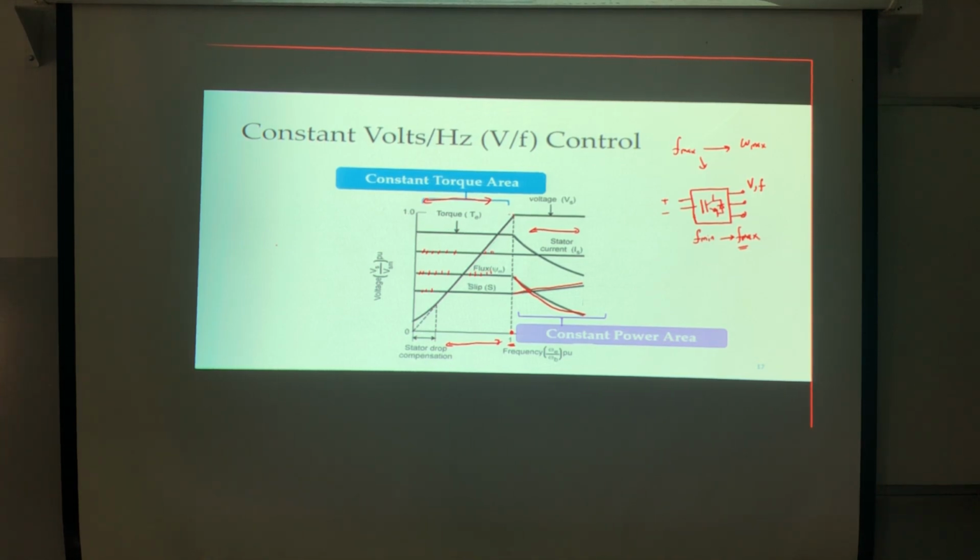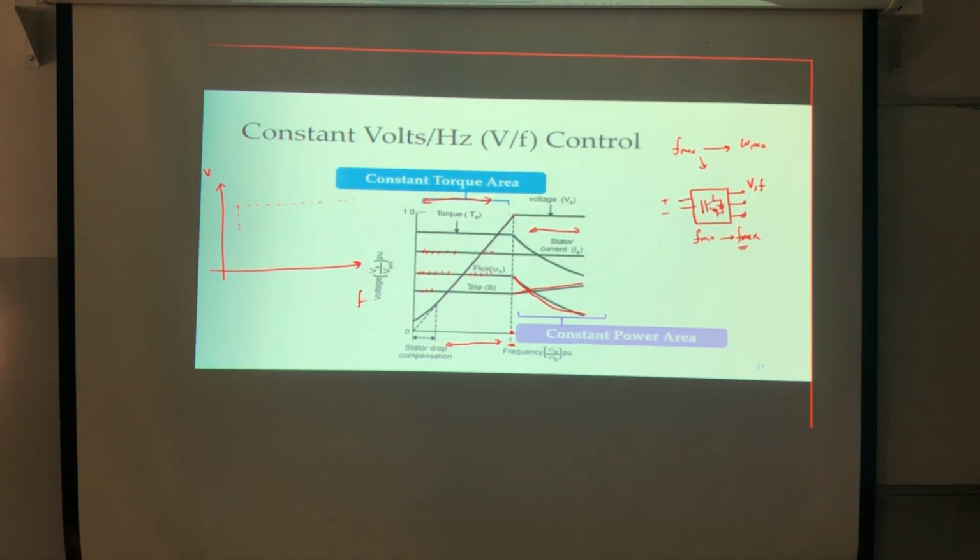Now, if we replot the torque speed curve in the constant V over F region and above the rated frequency, you will notice we specify 3 key frequencies. The first one is the F minimum.